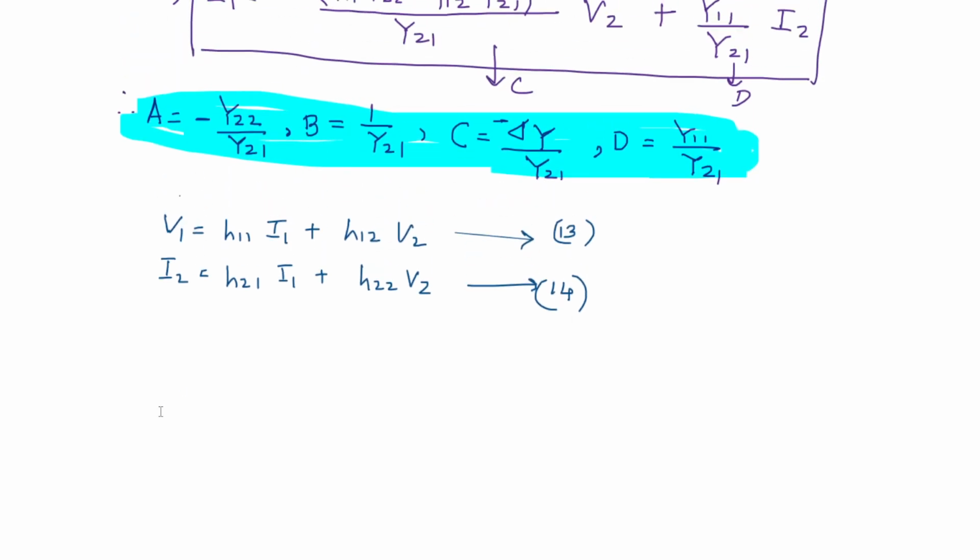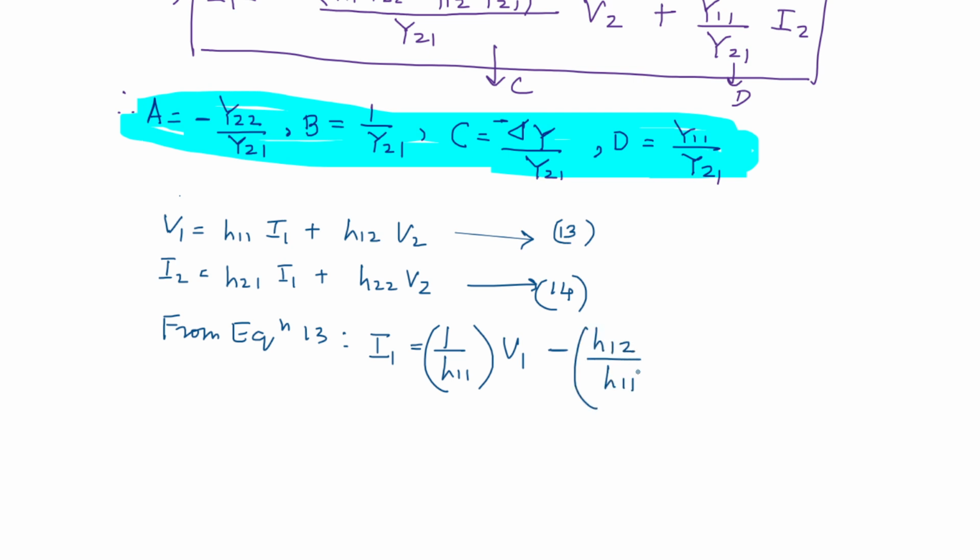So from equation 13 we get I1 is equal to 1 by H11 V1 minus H12 by H11. This is our first equation.